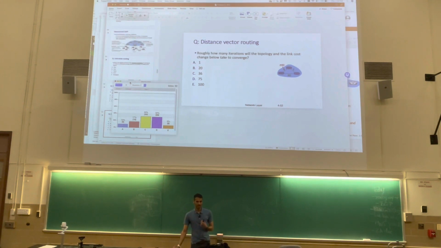Let's track what the distance is to the destination x, and how it changes at y and z respectively. We'll focus on that, because if we focus on all the distance vectors, even in a simple network, it's going to get really hairy.